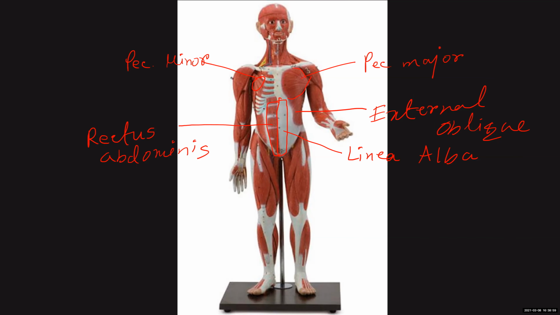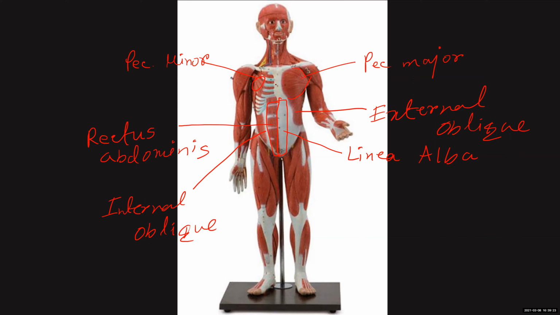So while the ribs are visible, you assume that external oblique has been removed. And here on the right, where the ribs are exposed, meaning external oblique has been removed, you are looking at internal oblique.